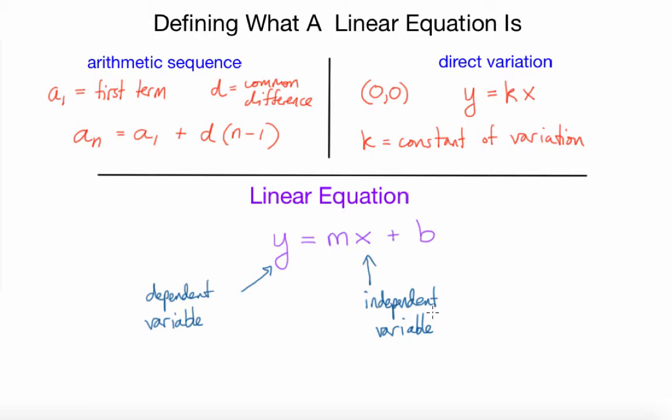Now we still have m and b. What are those about? Well, m is related to our idea of a constant of variation. Something is happening repeatedly, this idea of a common difference, something that we're adding over and over again. So you could think of m as our constant rate, repeated addition.